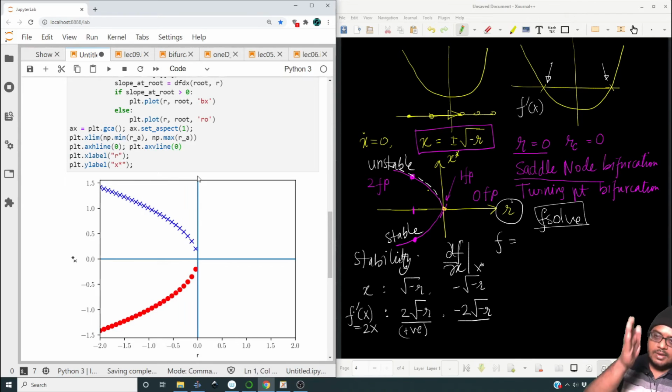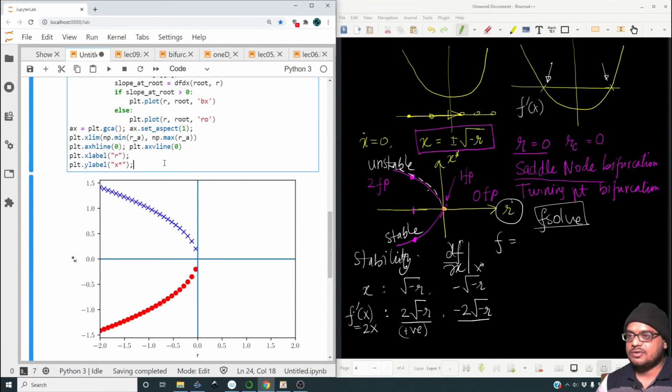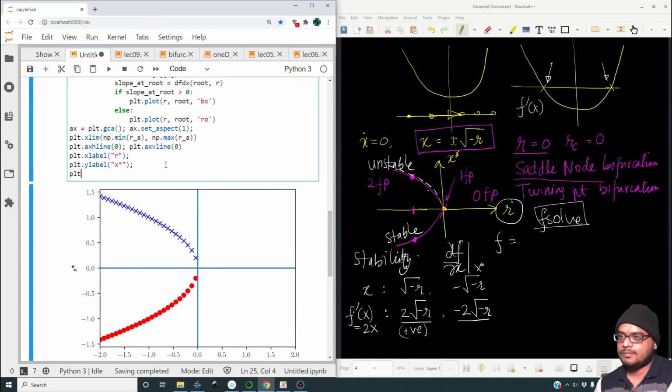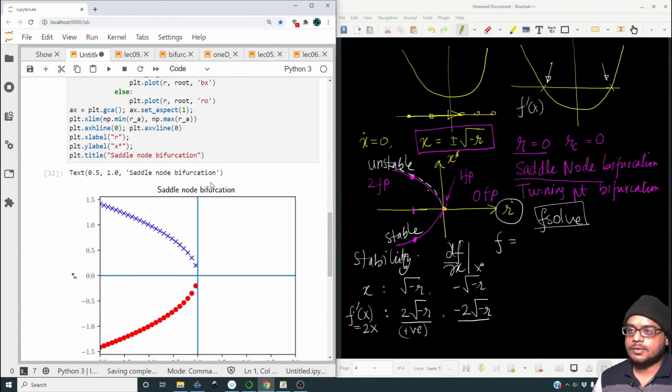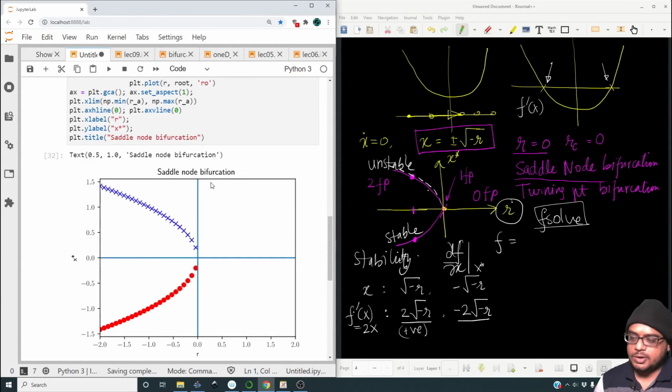So rc, which is 0, indicates that once the parameter crosses this value of r, we will have no more fixed points. So this kind of bifurcation is called a saddle node bifurcation. Okay, so this is how we can do it.